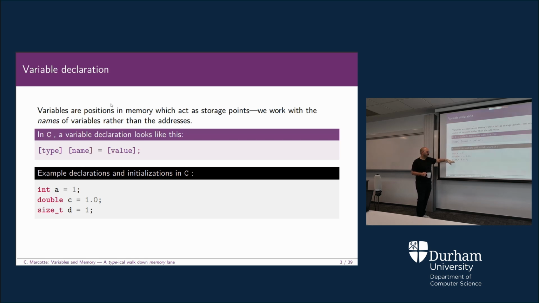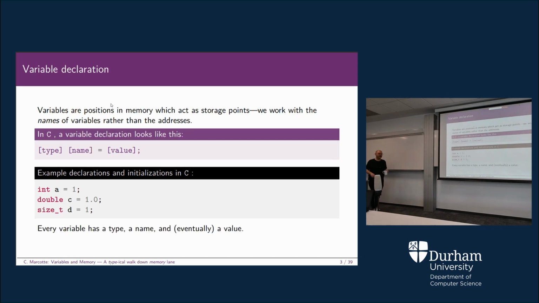If you've never used C, you probably haven't used a size_t before. So every variable here has a type: int, double, size_t. It has a name, A, C, D. I don't know why I skipped B. And eventually it has a value, because if it doesn't have a value, then it's not used.